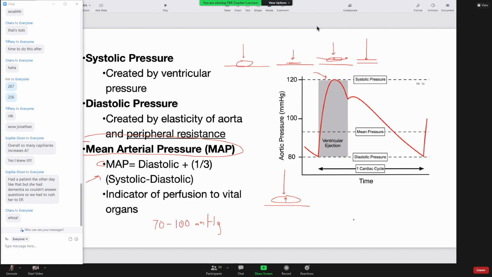And so you can also have acute changes. I had a friend whose mother was short of breath and was super, super hypertensive. And so with a mix of having low oxygen saturations, which we'll talk about, oxygen hemoglobin later on in this lecture, being short of breath, and very hypertensive, I was like, you need to go to the ER.